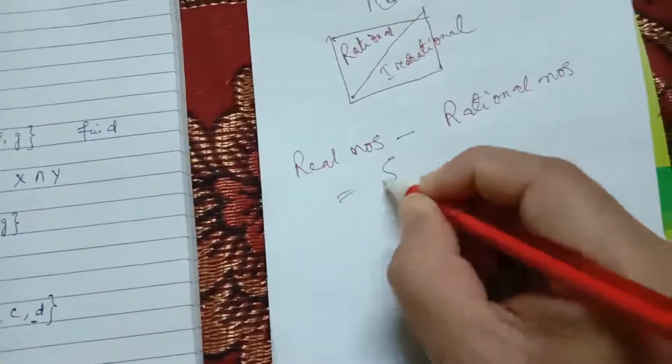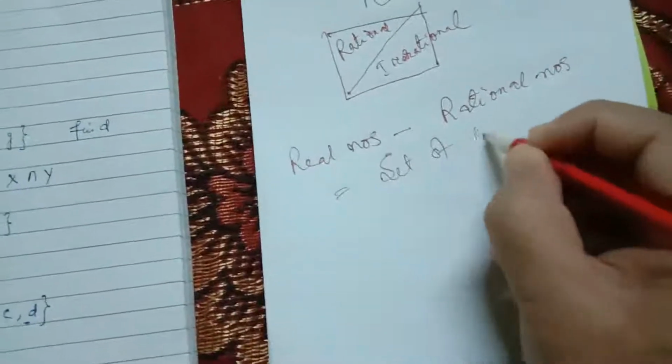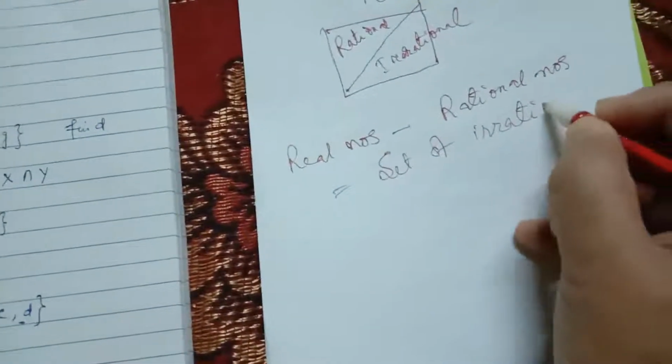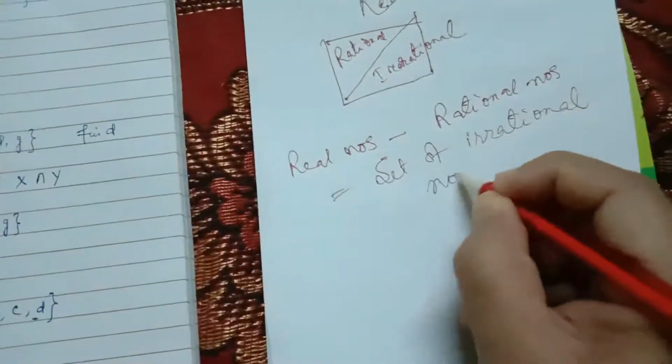So the answer is the set of irrational numbers.